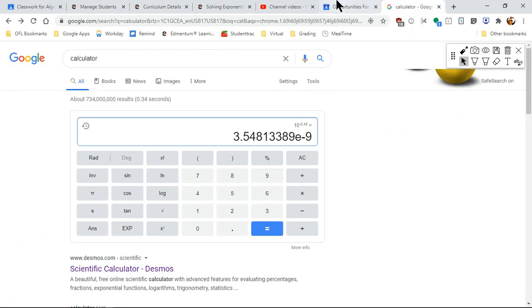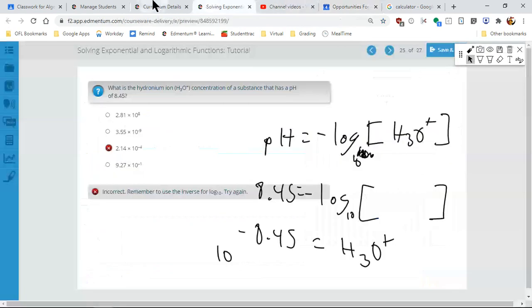So we get 3.5 to the negative 9. Yep. So what essentially happened, guys, was I was thinking, oh, you just moved the decimal place over 8 spots, but I forgot about this decimal. That decimal changes it quite a bit.